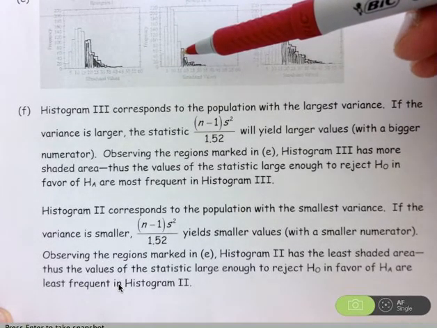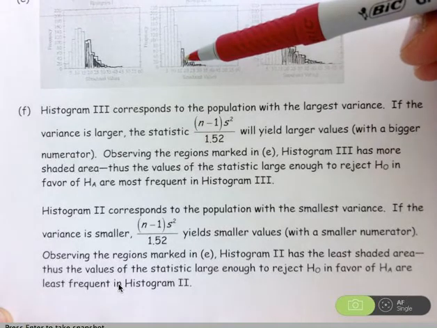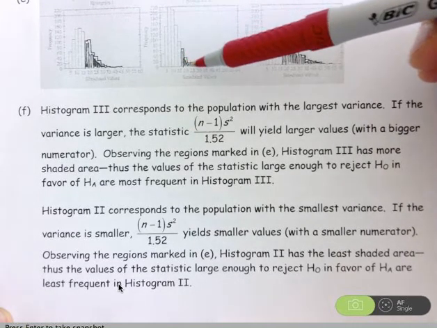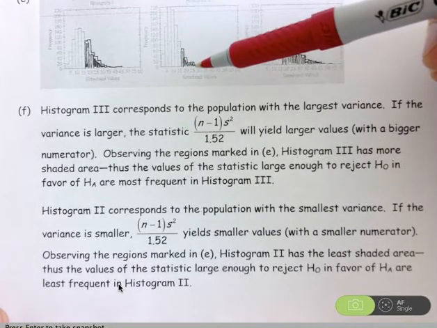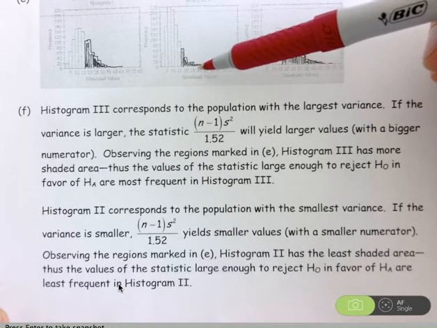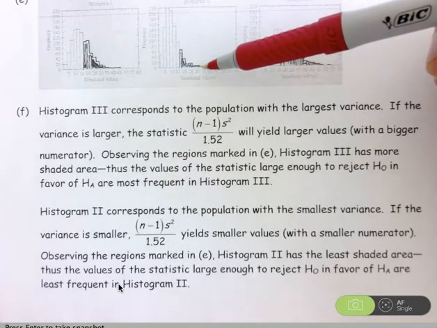And that is because the frequency of the values that are large enough to reject the null hypothesis are least frequent in histogram 2 because this is the histogram that has the least amount of variance in the population that was used to create these simulated values.